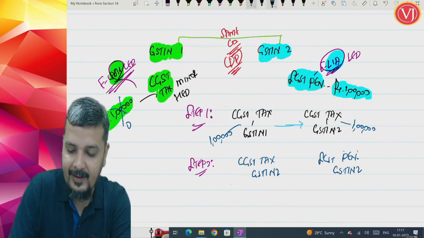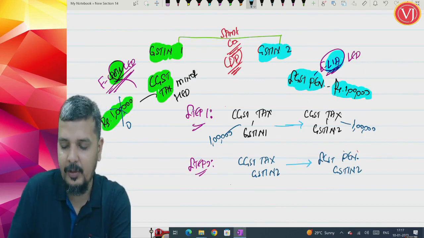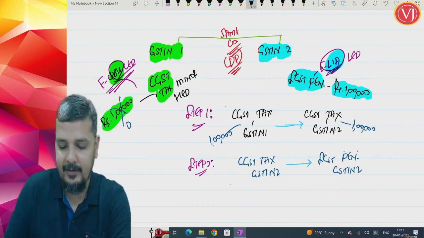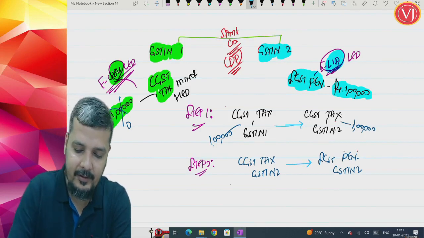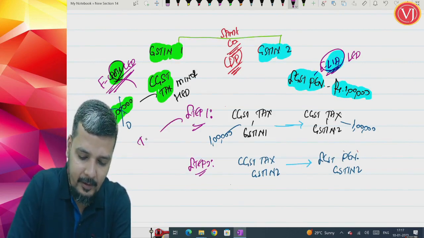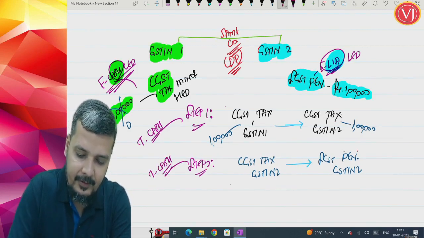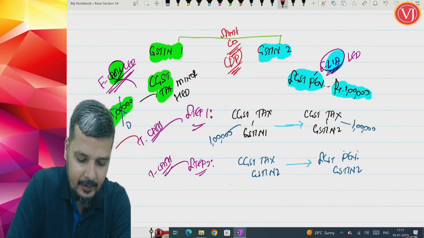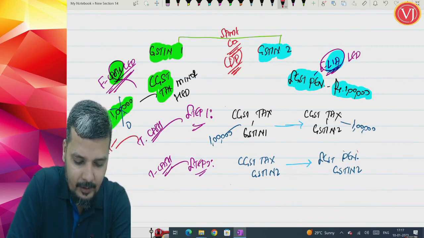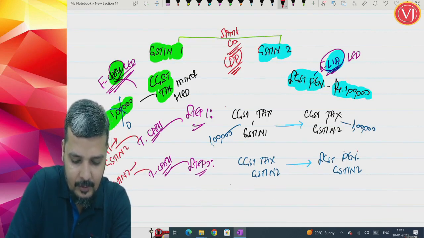Now the second transfer is between the same GST number, so it can happen between CGST and SGST also. This is a transfer in amount of cash ledger. This is also a transfer in amount of cash ledger. The difference is, in the first case it is between GSTIN1 to GSTIN2. In the second case it is between the same GST number, GSTIN2 to GSTIN2.